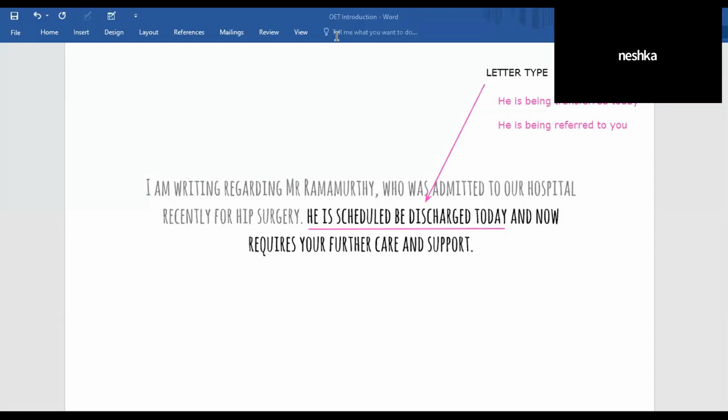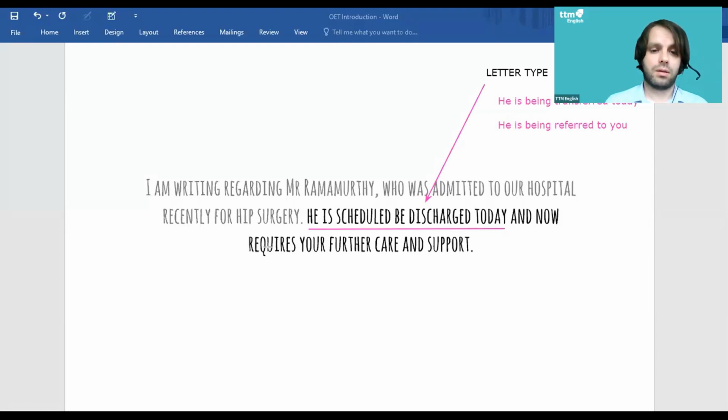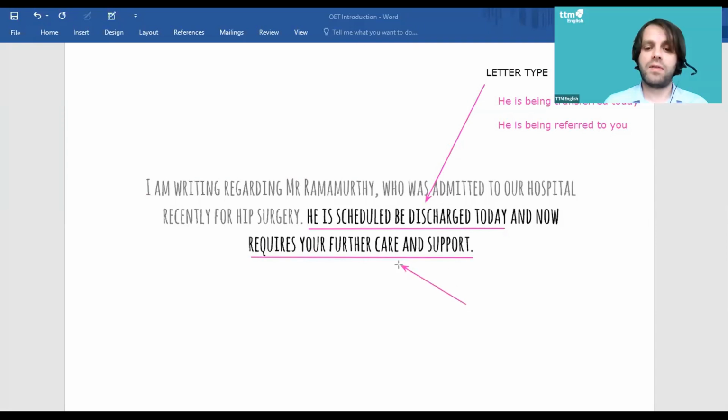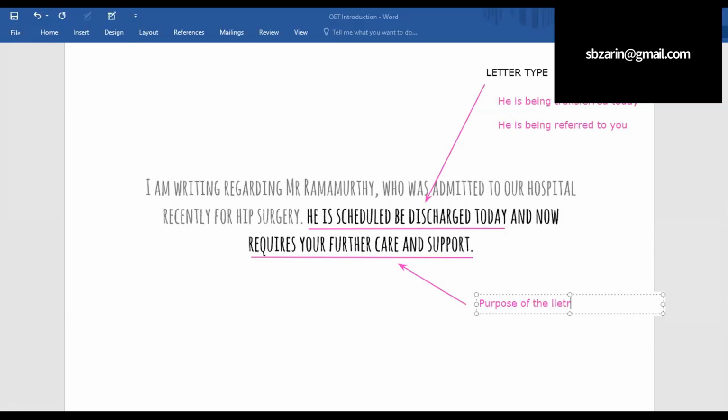Purpose. So Sabrina, are you there? Yes. Sabrina, just give us an indication of this one here. Further care and support, right? This is the purpose of the letter. Okay, further care and support, for doctors we can get from GP. Exactly.